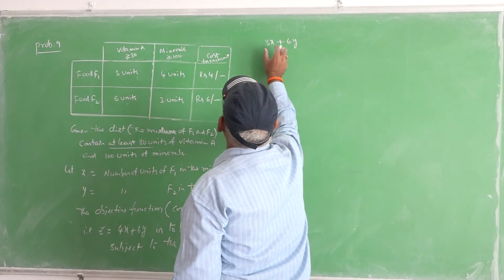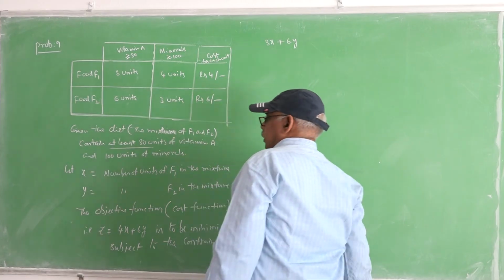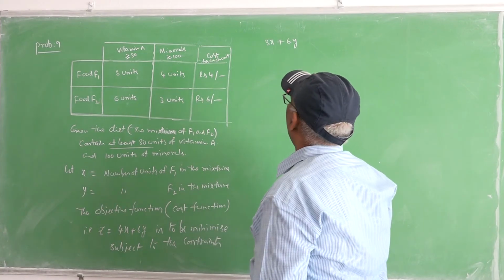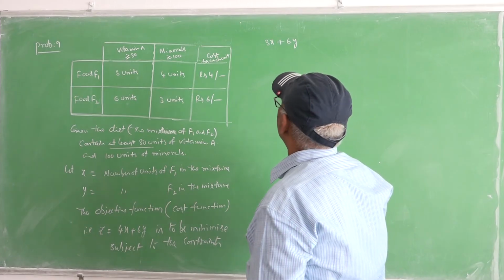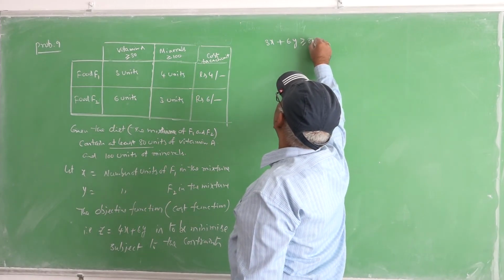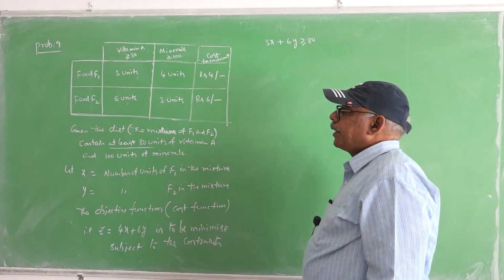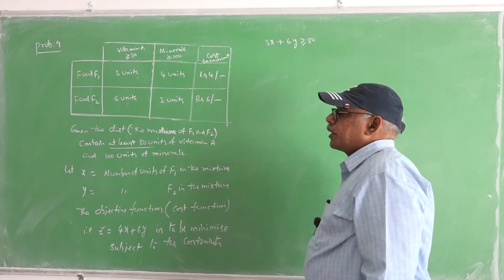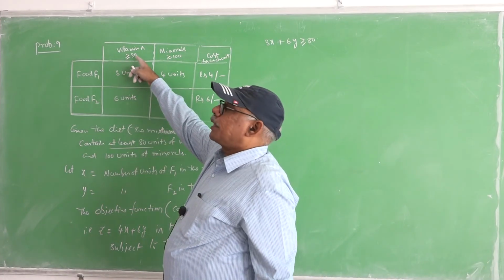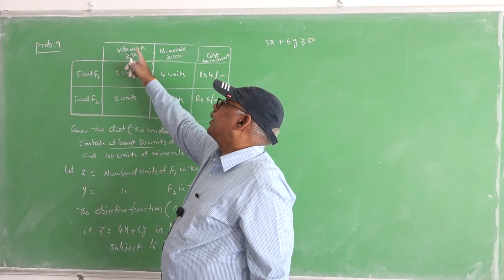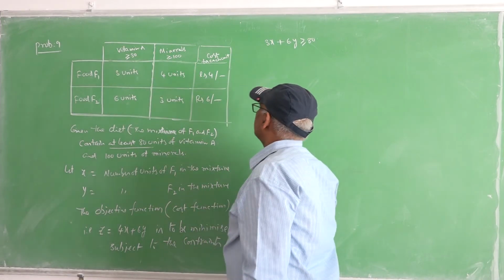So for the mixer, the number of vitamin units in the diet is 3x plus 6y, which is always greater than or equal to 80, because the diet must be maintained at the minimal standard. Minimal standard means once you consider the mixture of F1 and F2, it must contain at least 80 units of vitamins and 100 units of minerals.